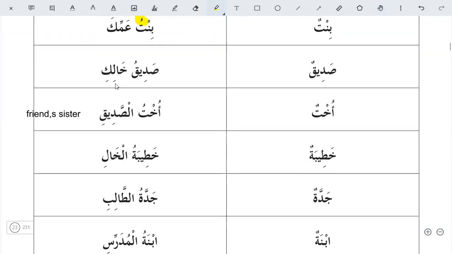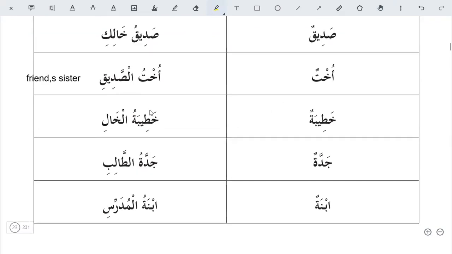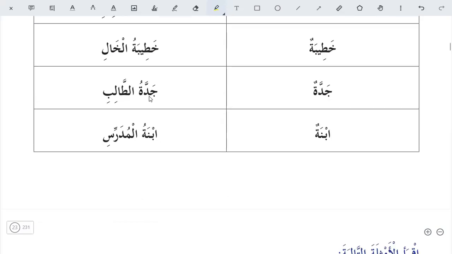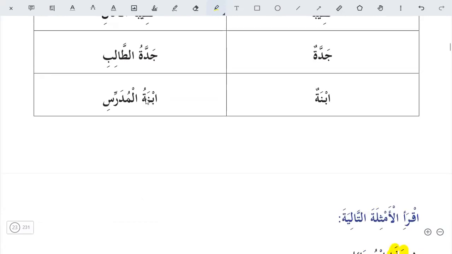Sadiku Khaliki, friend of your uncle. Ukhtu Sadiqi, sister of a friend. Khatibatul Khali, a fiance of uncle. Jaddatul Talibi, grandfather of the student. Ibnatul Mudarrisi, daughter of the teacher.